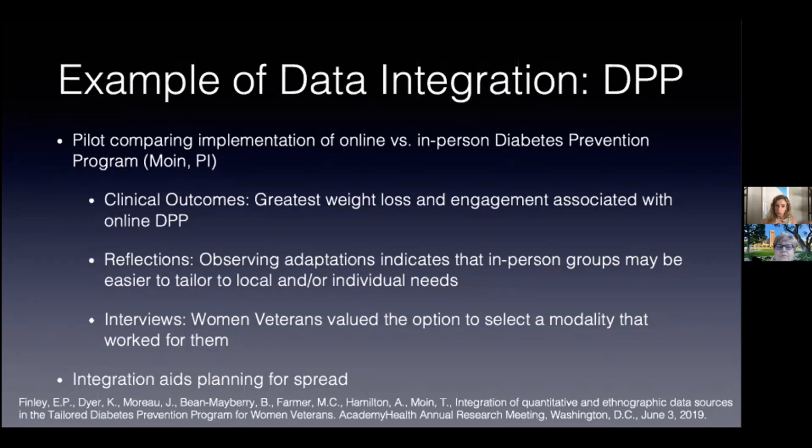But then in the interviews, we also saw that women veterans talked a lot about having the option to select an in-person versus online modality that worked best for them. So this was really a case where we learned something unique from each of these data sources, and we were able to pull these together to say, in terms of planning for SCRED, well, we know that clinical outcomes are going to be most effective for the online DPP version, but we also know that that's probably not going to work for all women.